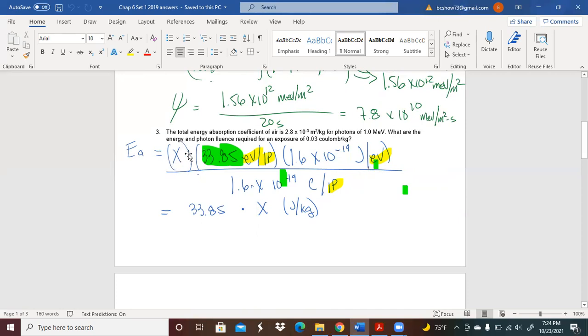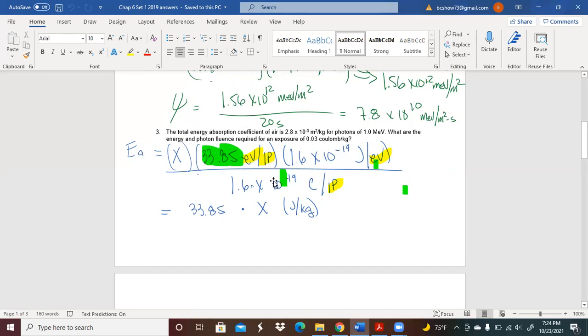Now, if we take a look here at the exposure rate, for the level of energies that we're looking at here, 33.85 electron volts per ion pair is about what you're going to produce in air. If you want to convert eV to joules, you're going to use this particular conversion factor.